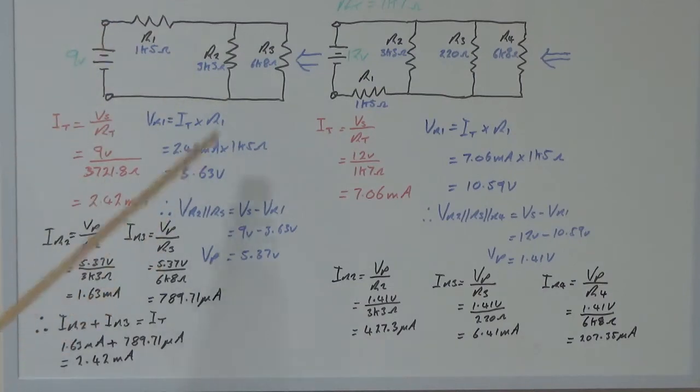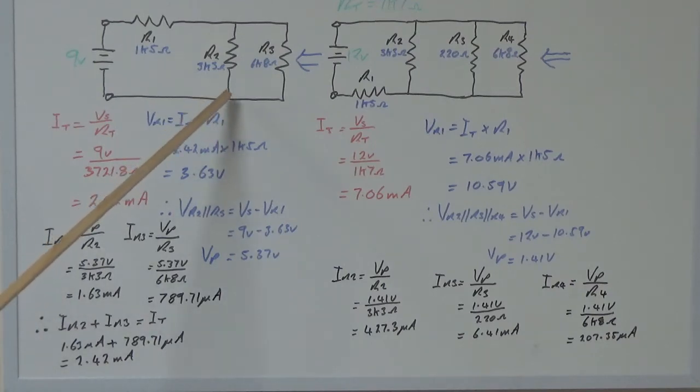So for R2, the current through R2 is equal to your parallel voltage divided by your resistance. So we've got 5.37 volts, which is what we worked out here. We've got 3.3k, and we end up with 1.63 milliamps.